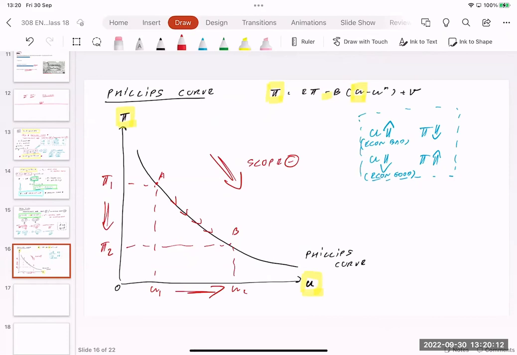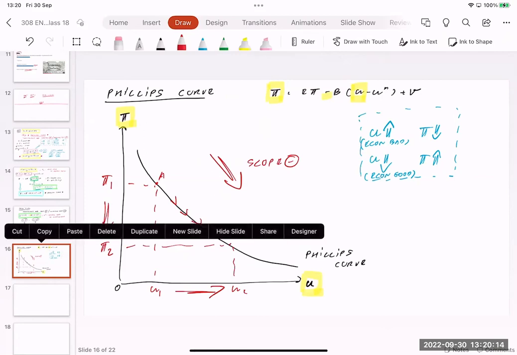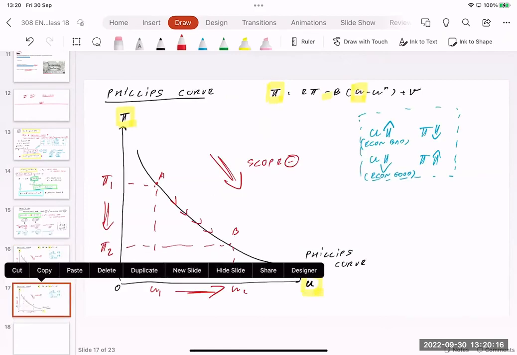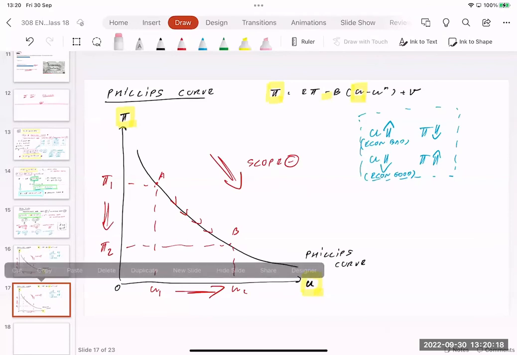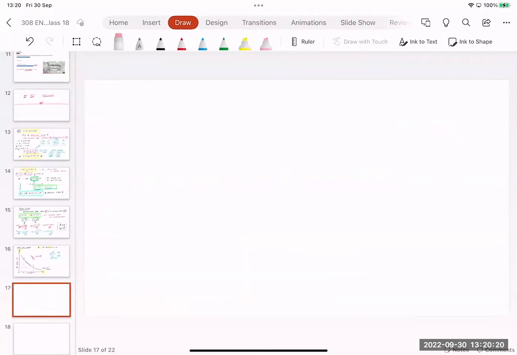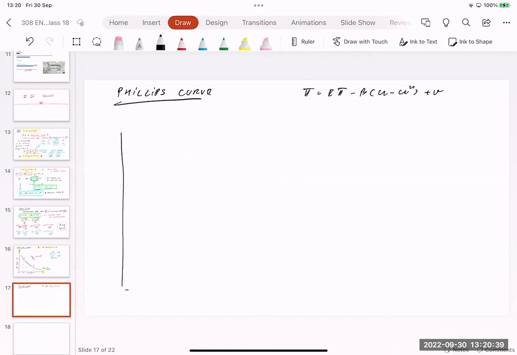Next one. Let me write everything down again. So for the Phillips curve, from the equation pi equal to expected pi minus beta (U minus UN) plus V, we have the graph like this.